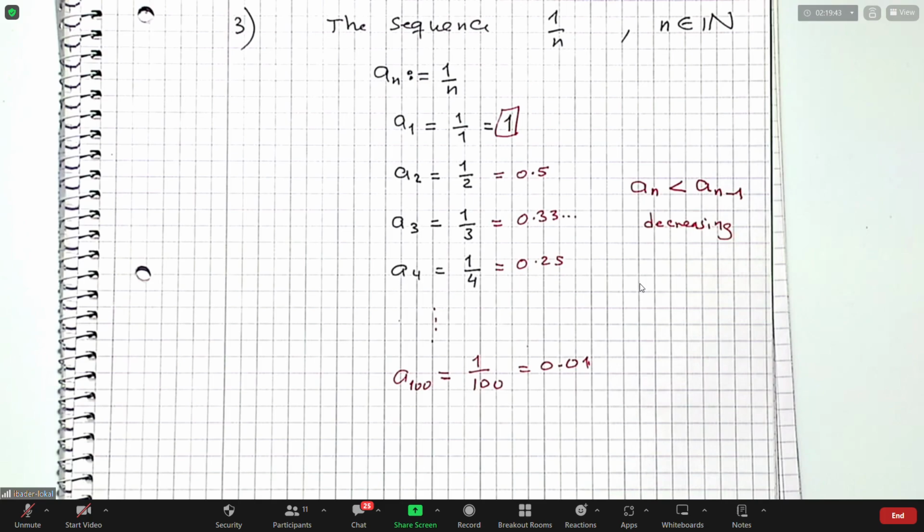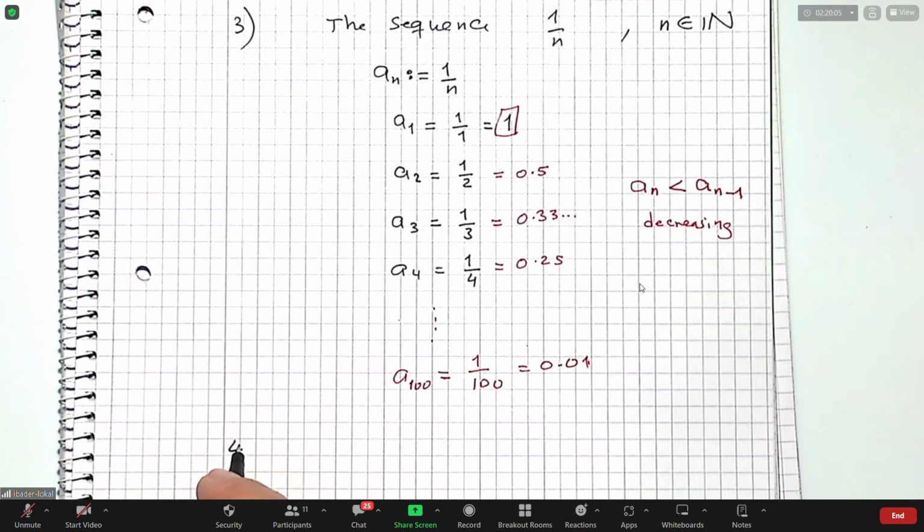Okay, so this is what we call a sequence that is decreasing. This sequence, as I told you, is an important one. Another sequence that is also interesting is called an alternating sequence.